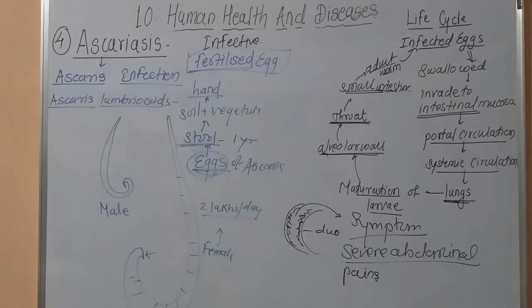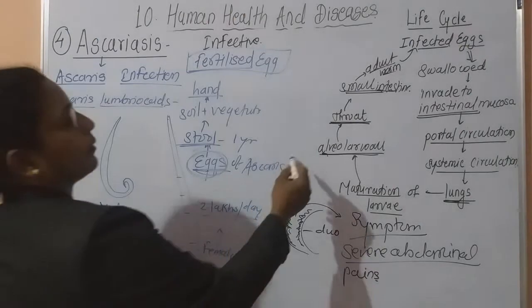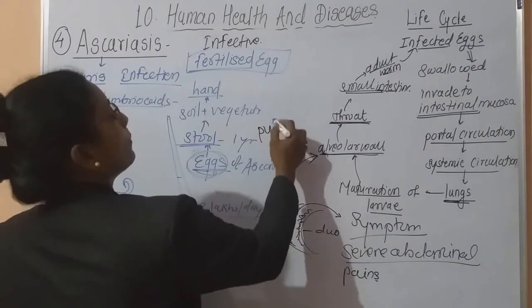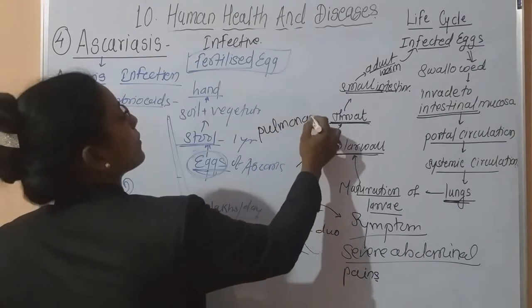Sometimes vomiting also takes place. Vomiting, that is the content whatever we have taken inside the mouth as food is regurgitated out, it is called vomiting. Sometimes we can observe fever, and when the parasite goes into the alveolar wall, we also observe pulmonary symptoms.